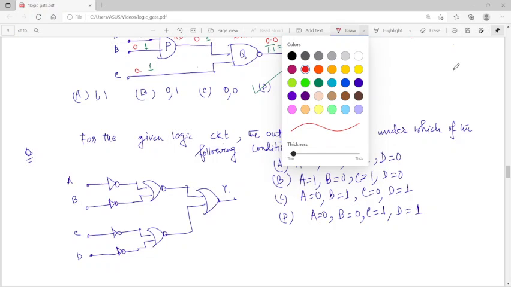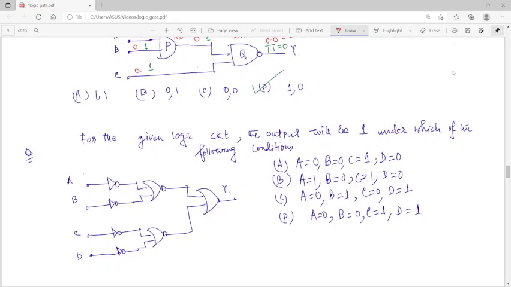You can do it easily. I am checking the first option: A 0, B 0, C 1, D 0. The question is, for which input combination is the output 1? This is a NOT gate, so 0 becomes 1, and this will also give you 1.